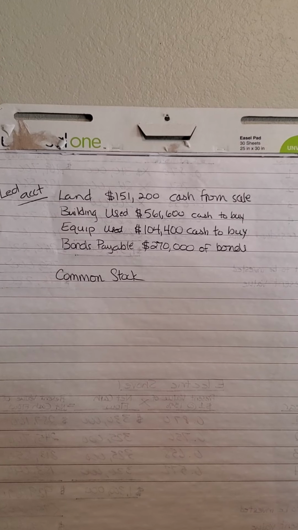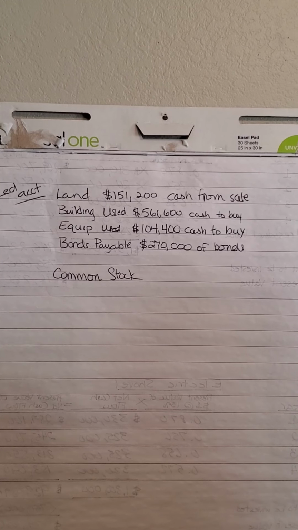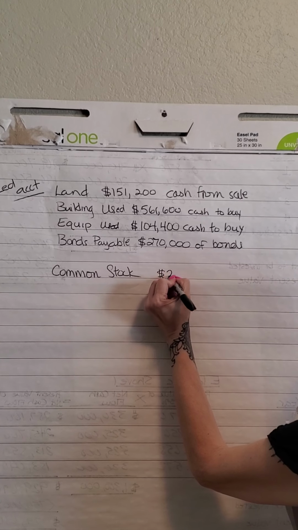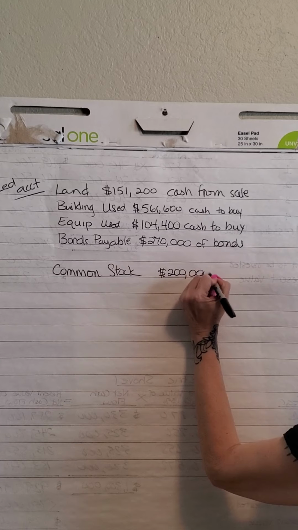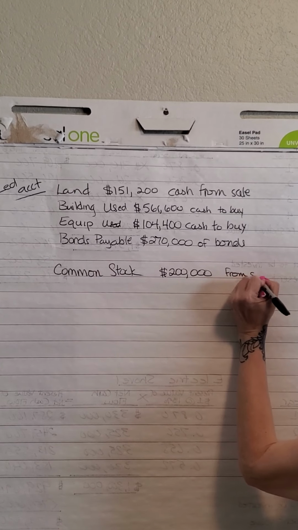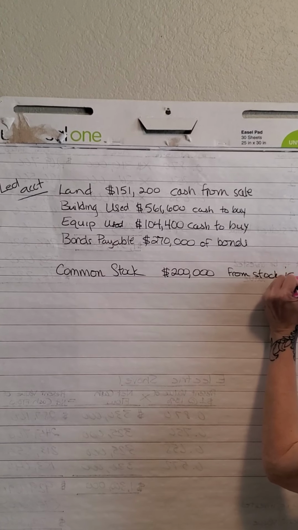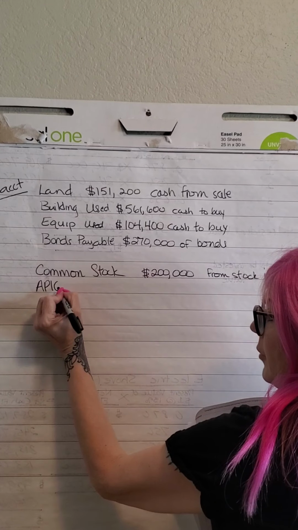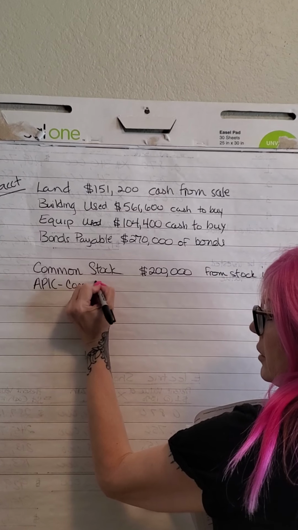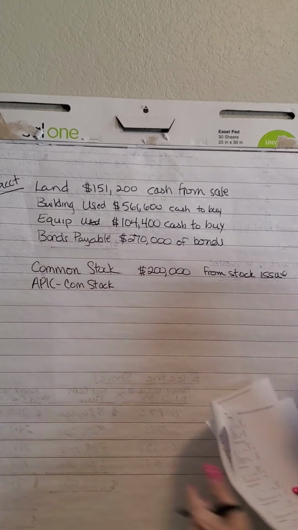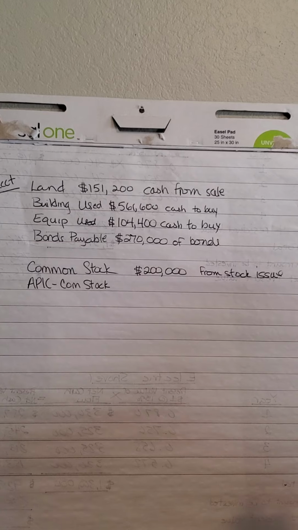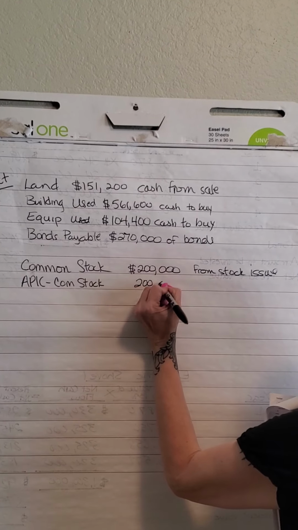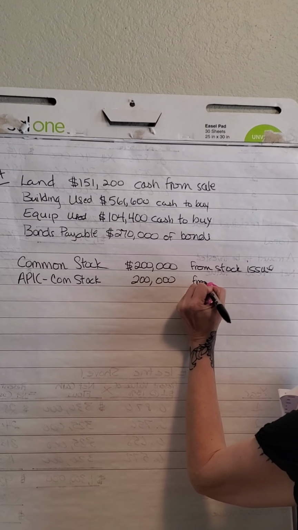The common stock says that they issued 8,000 shares of common stock for $50 per share. So they show $200,000 from stock issue. But remember, they also have the additional paid in capital account for common stock. And from that same transaction, we see that there was an additional $200,000 raised from the stock issue.